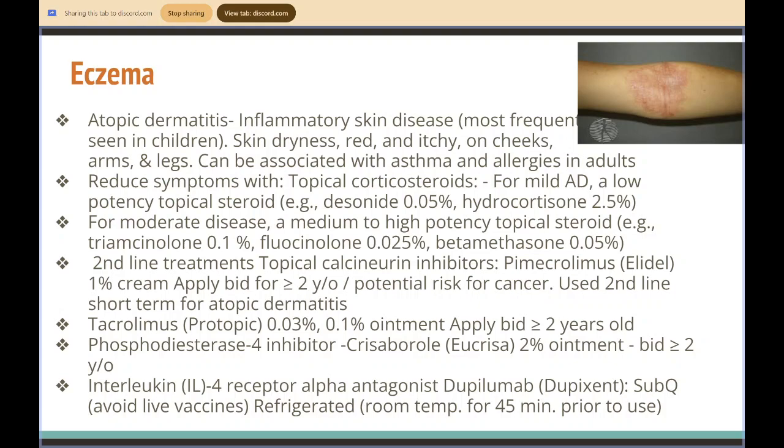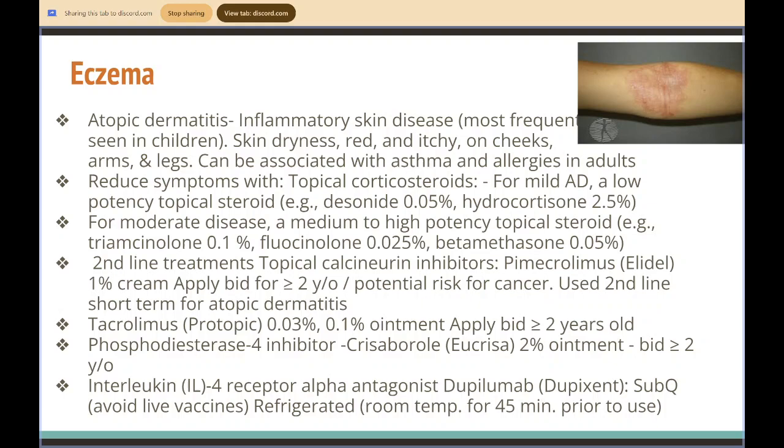So we can reduce symptoms with topical corticosteroids. For mild cases, we use a low potency topical steroid such as desonide or hydrocortisone. Note the percentages are important in differentiating between low potency, medium, and high potency.